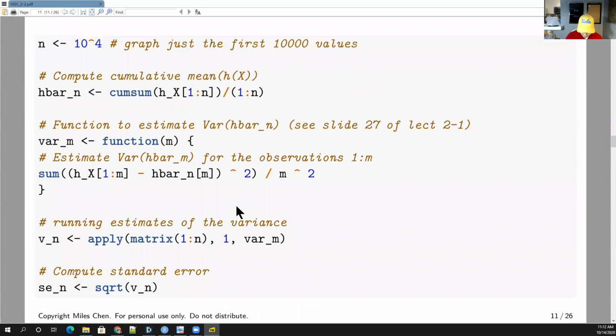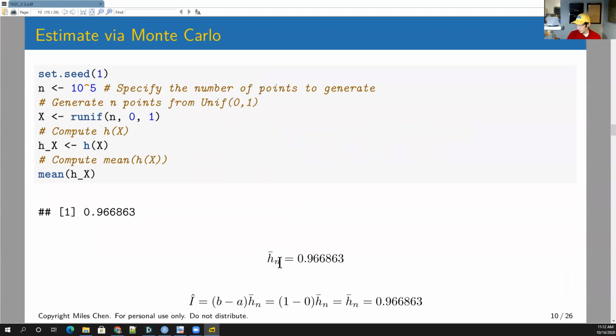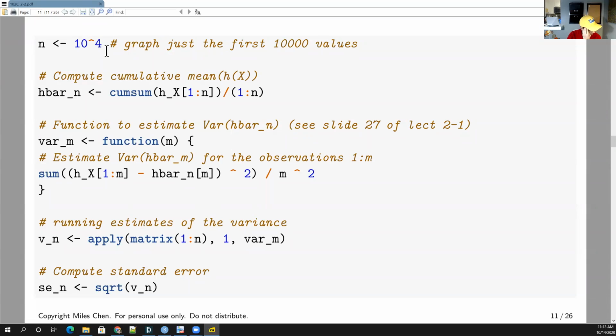All right, I'm going to do a little bit more here. What I want to do is create a plot of how h bar sub n, this estimate, changes as my n increases. To get this estimate, I did 100,000. That's a little bit too many for this graph, so I'm going to reduce it to 10,000.